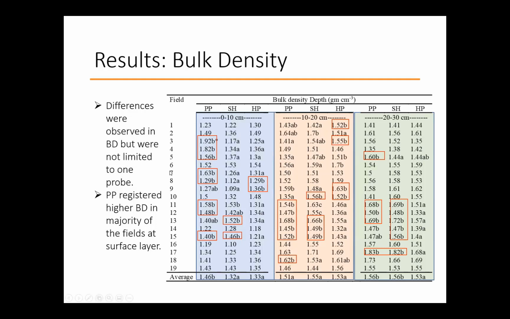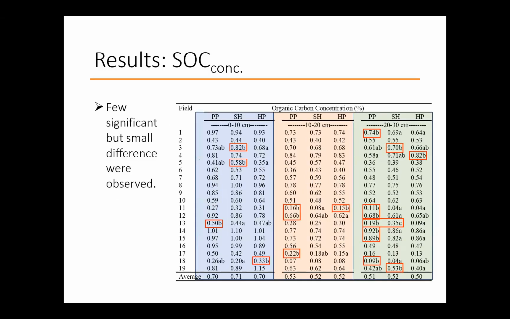So that may also have some impact that we cannot rule out. So this was the bulk density data, and we definitely see the sampling probes are going to impact our measurements, and if there is this bias, we will probably see it in the carbon stock estimation.